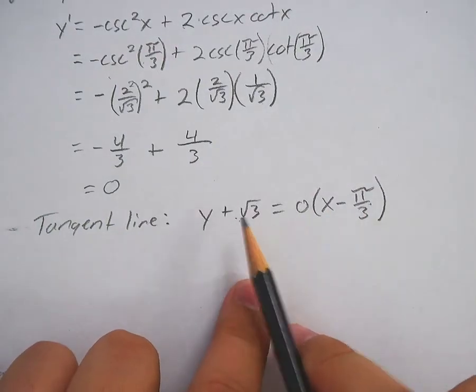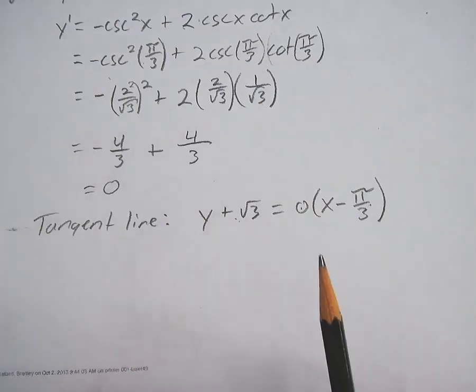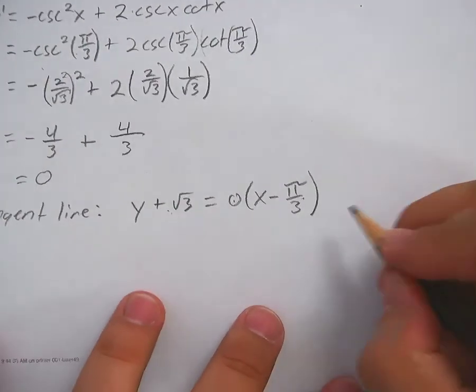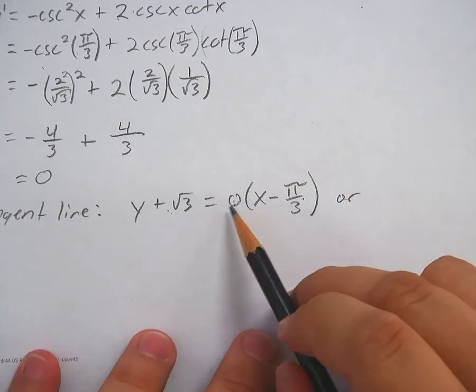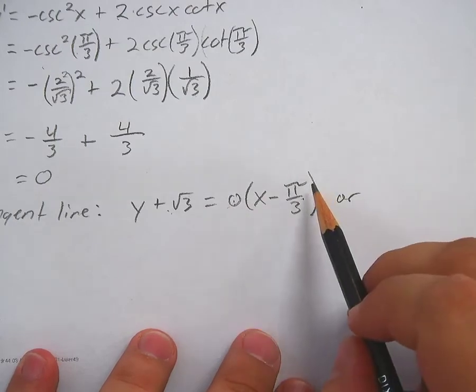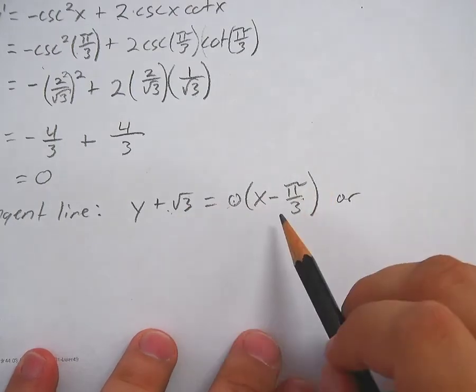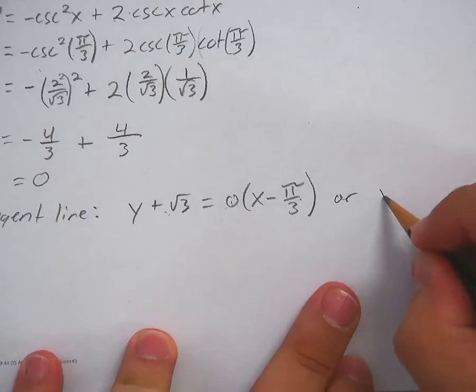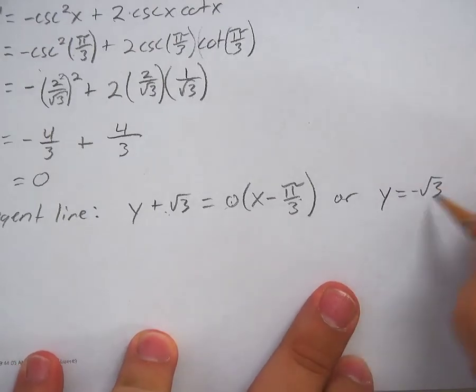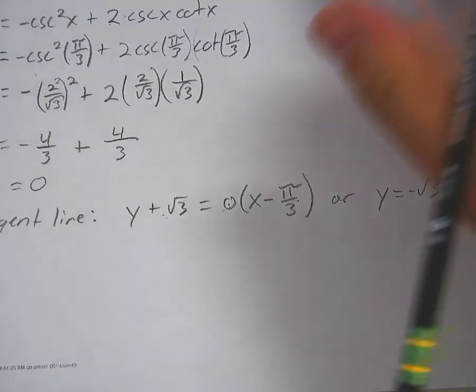Point, slope, plug them in. Or you could just say, since this is all going to go to 0 anyway, you can move your square root of 3 over. It could just be y is the negative square root of 3. And that's okay too.